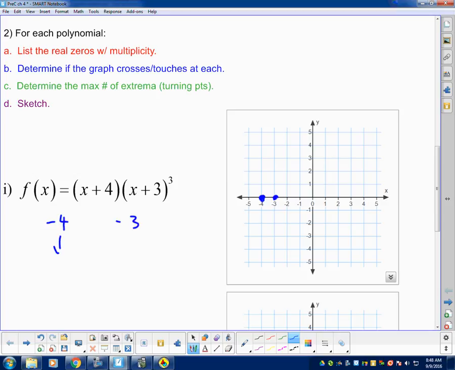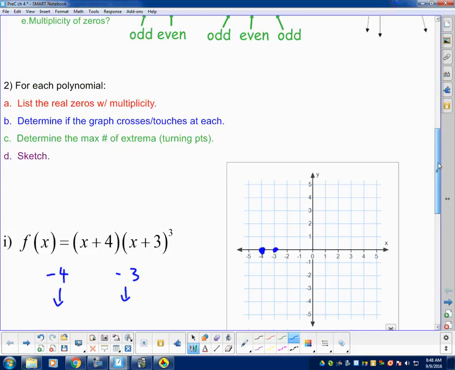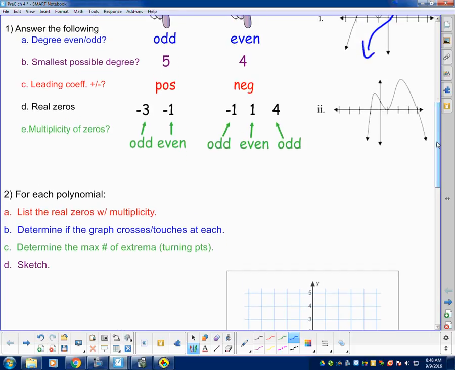What is the multiplicity of each of these? Well, this one is odd or even. Looking up here, what do we do up here? It says multiplicity of the zeros is the green here. We're listing odd or even. So when it asks for multiplicity, we're listing odd or even.